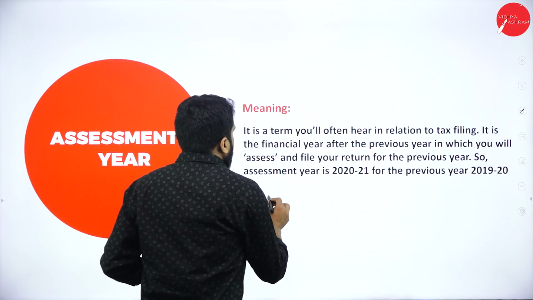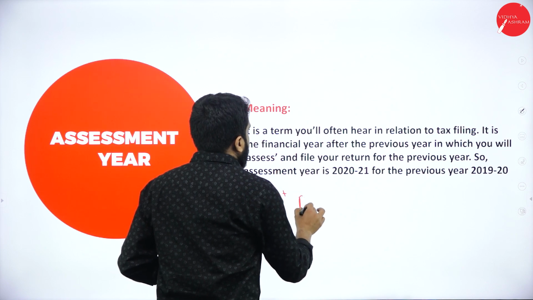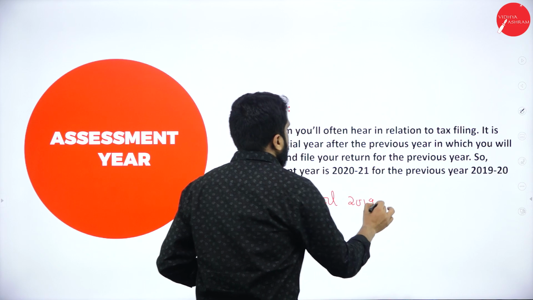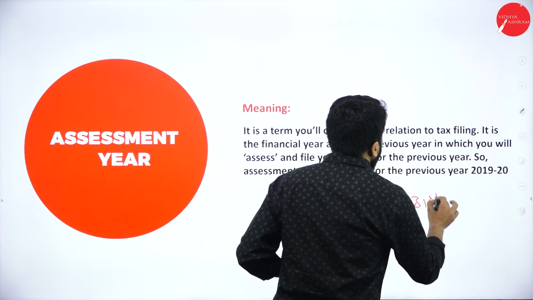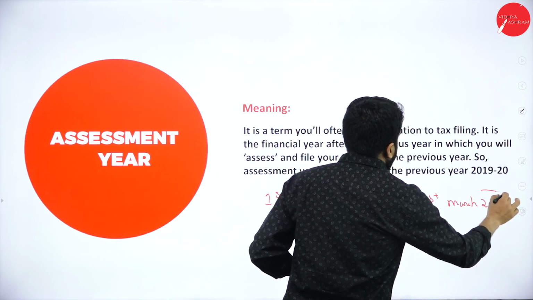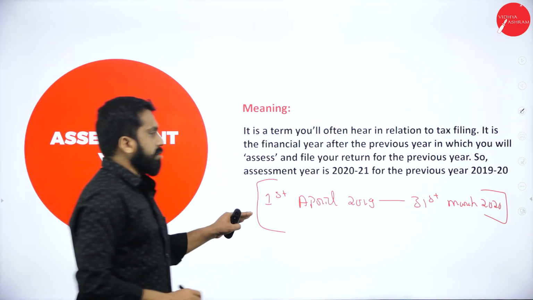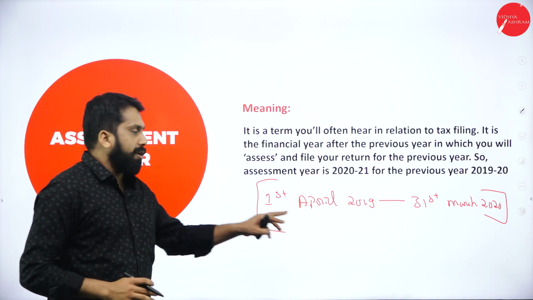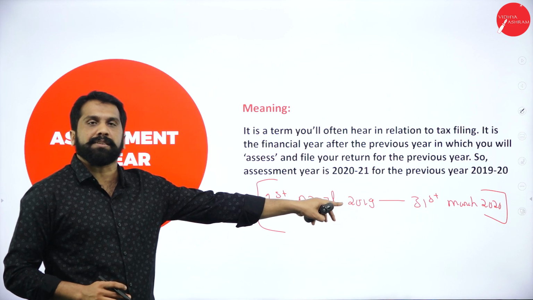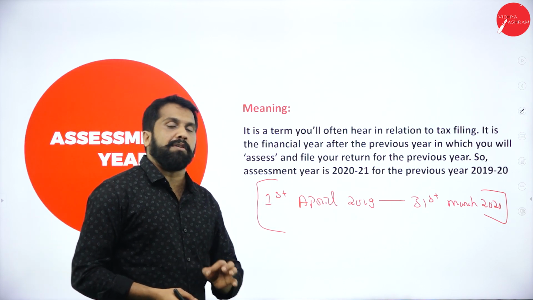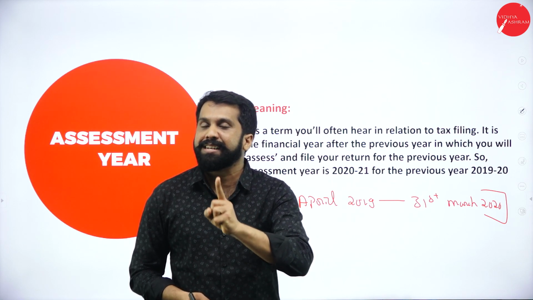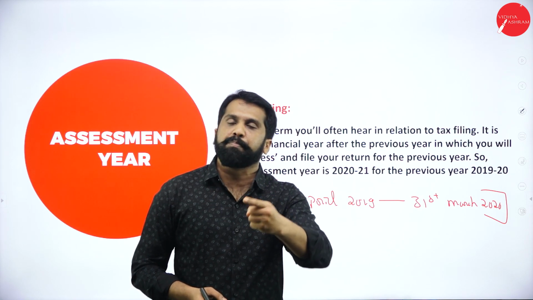Example, 1st April 2019 to 31st March 2020. So, it is already done. Whatever I earned in 2019 to 2020, our income tax department will give you one complete year to calculate and pay tax.